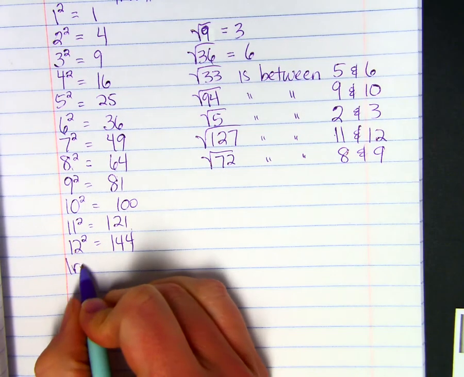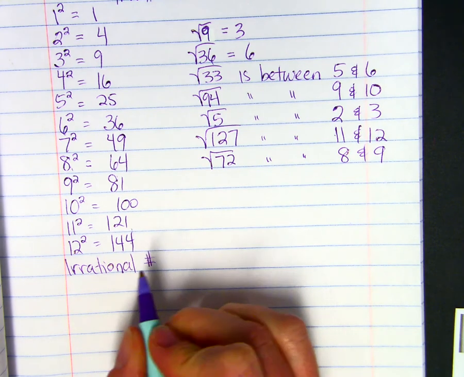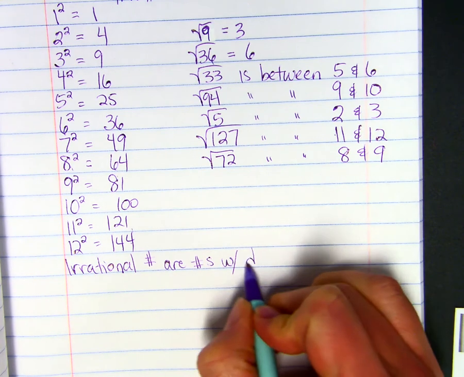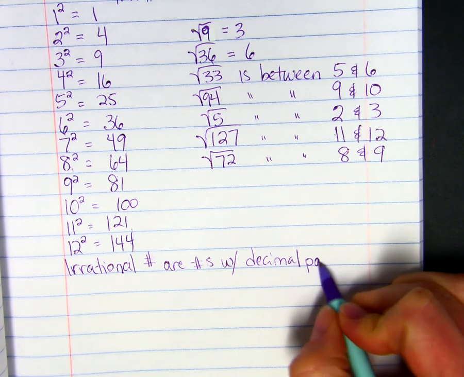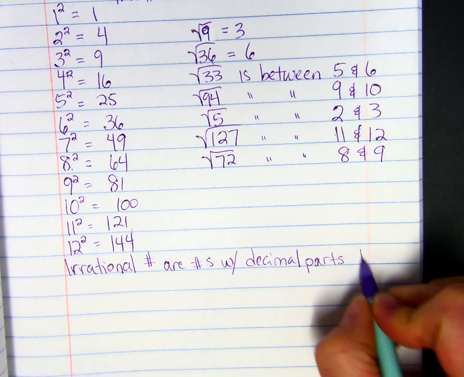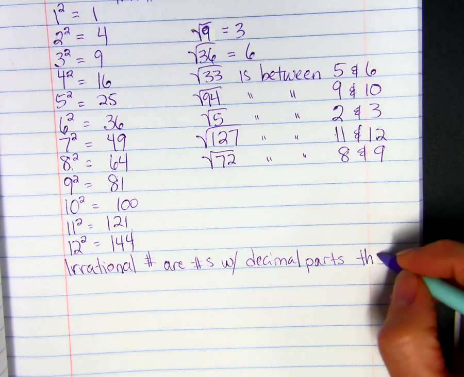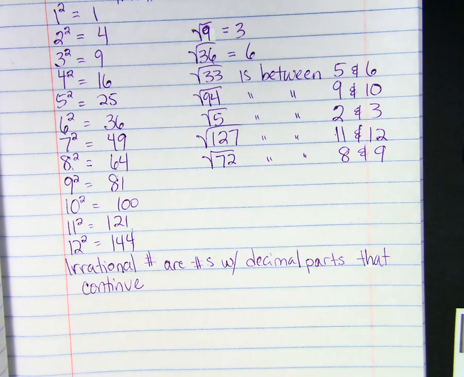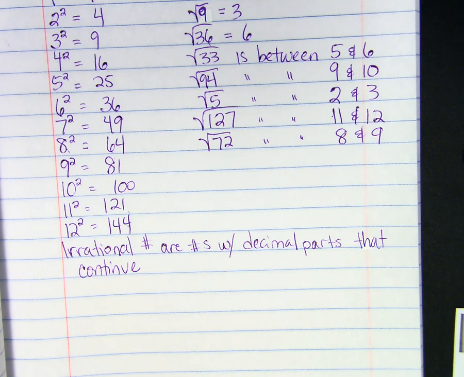And an irrational number is a number with decimal parts that continue without repeating or ending.